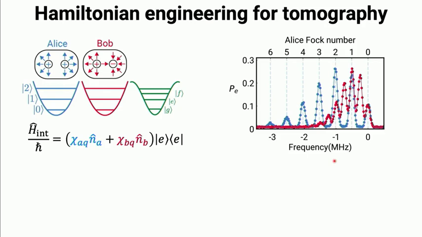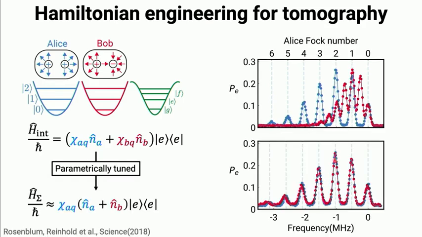It's an anharmonic oscillator. And we can selectively drive the higher levels of the transmon. And it turns out that by addressing some levels of the transmon selectively, using a parametric pump, we can tune and subsequently match the cross-Kerr rates, chi-AQ and chi-BQ.